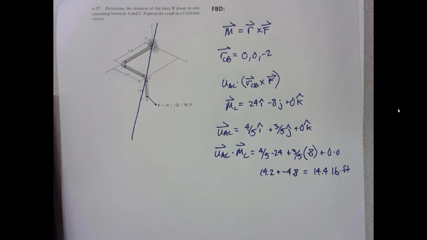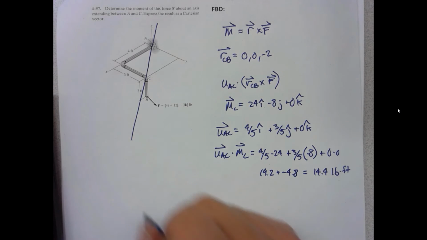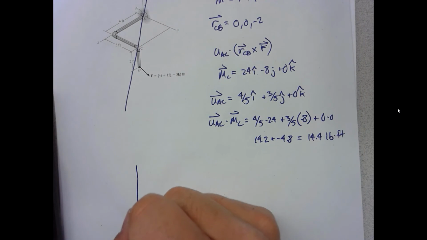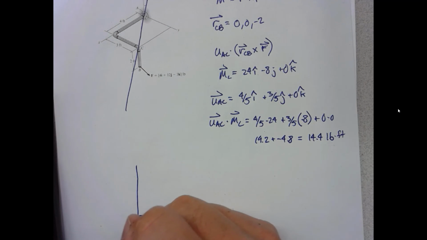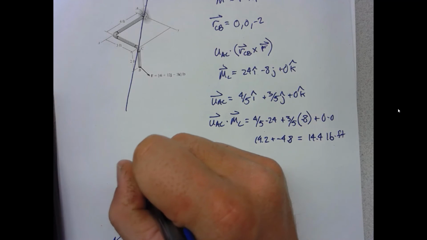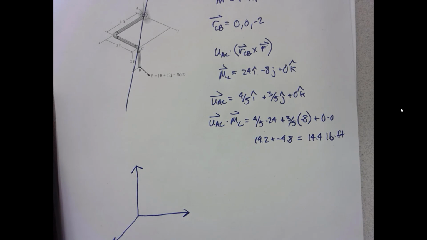Carson asks: the moment acting along that axis, wouldn't that just be a shearing force, not a rotational force? It's a good question. Let's think about our two-dimensional problem. Before, we were living entirely in the xy plane.